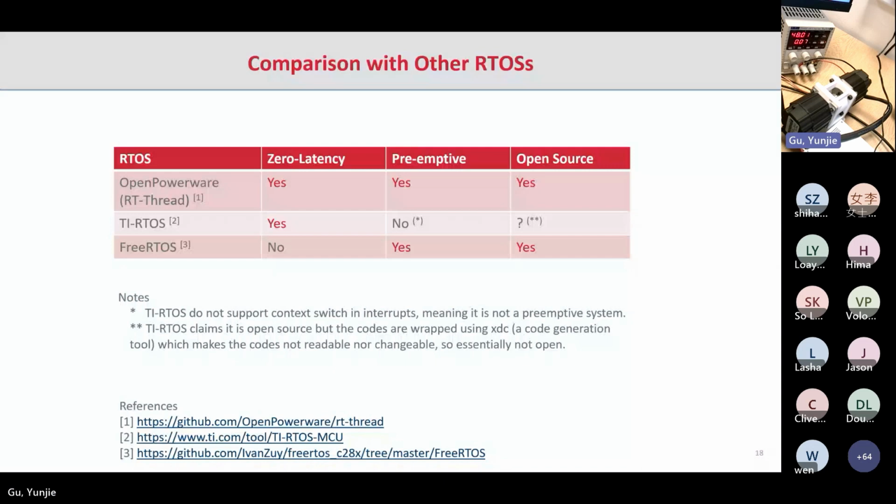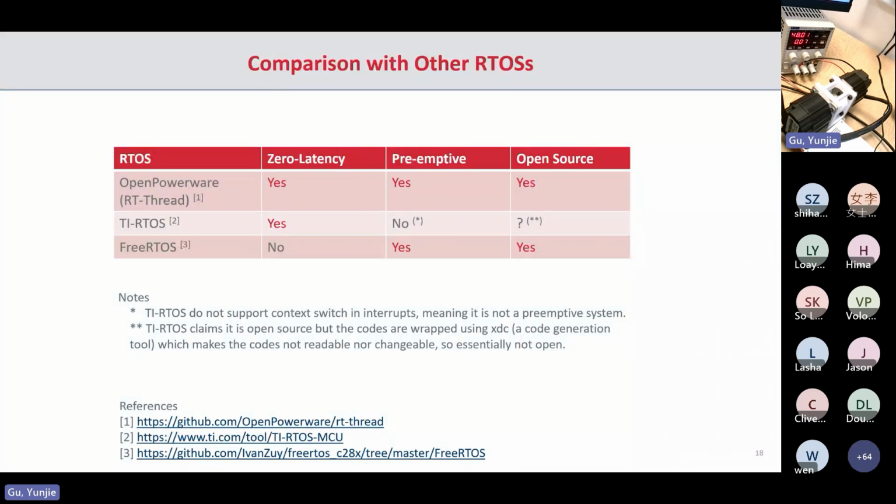After we have done that, we make a summary of what we do and compare with other RTOS solutions, namely TI's native RTOS and also FreeRTOS. We see that the TI RTOS does not support context switch within an interrupt.